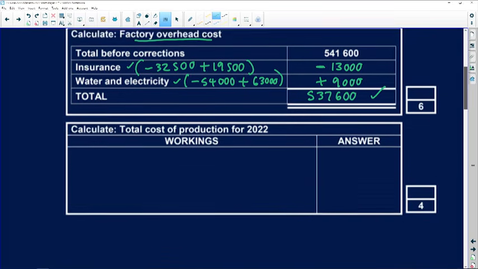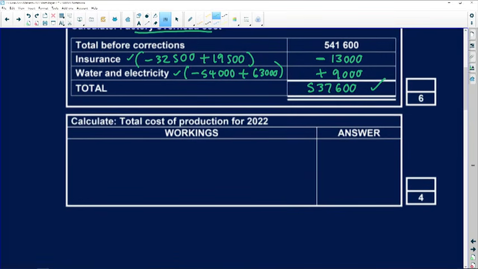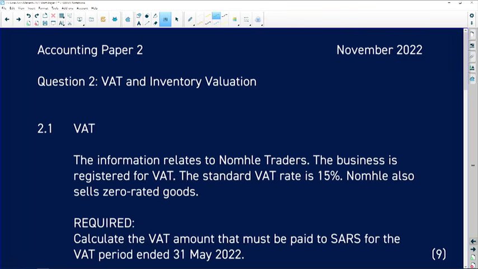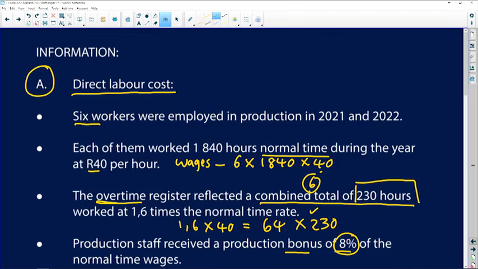So the next calculation, calculate the total cost of production for 2022. So we know total cost of production is direct material cost plus direct labor cost plus factory overheads. Right, so let's go back to our information. Let's just go back a bit.